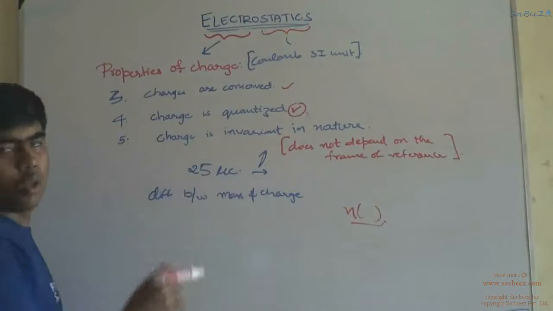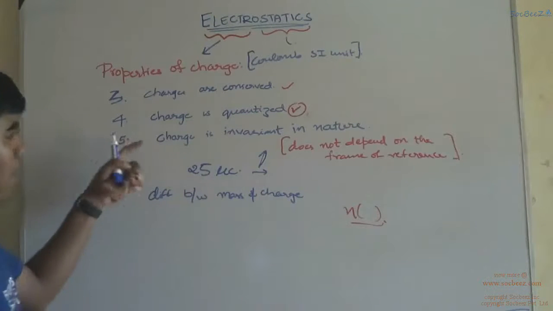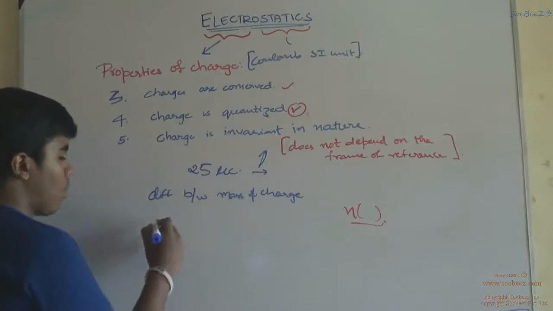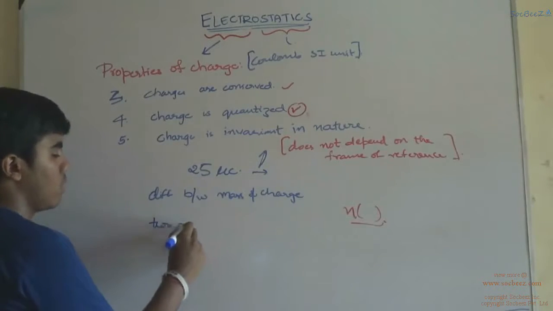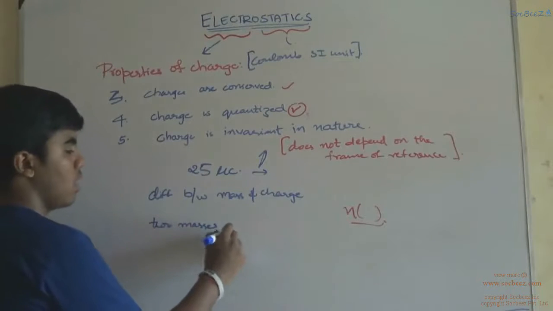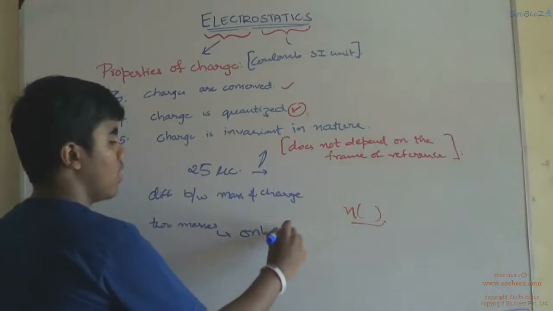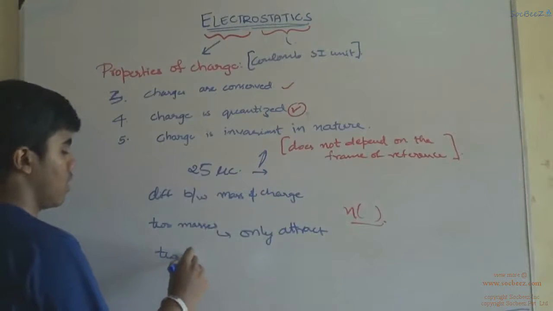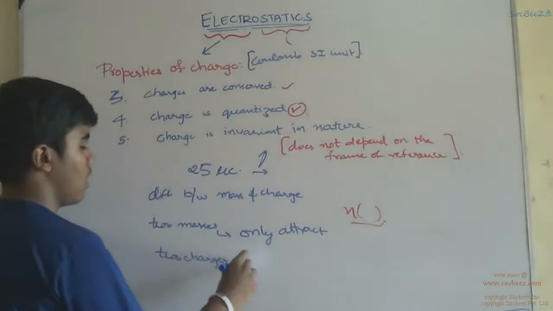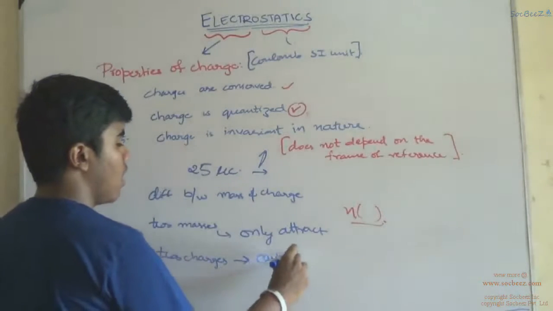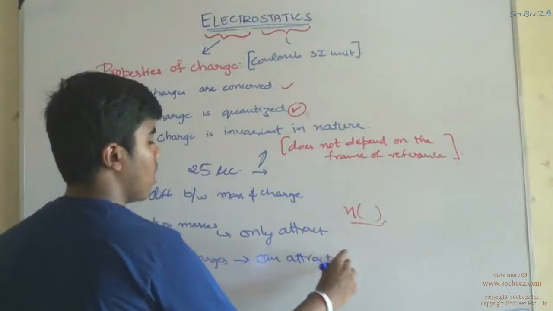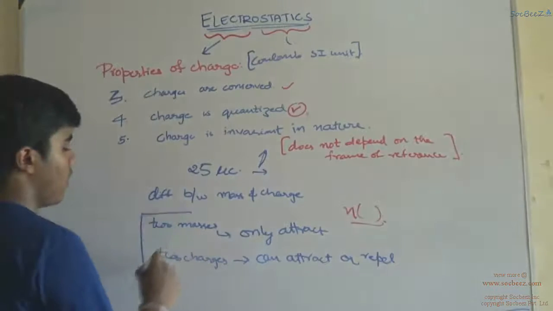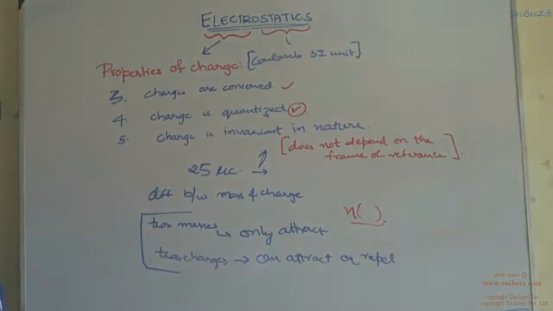And even if it is quantized, we don't know the fundamental unit. Again, mass is invariant in nature. But two masses only attract, whereas two charges can attract or repel. So this is the very basic difference between the mass and the charge.